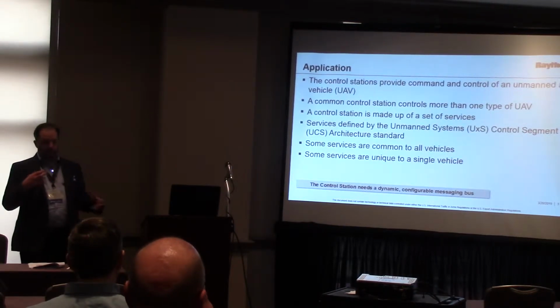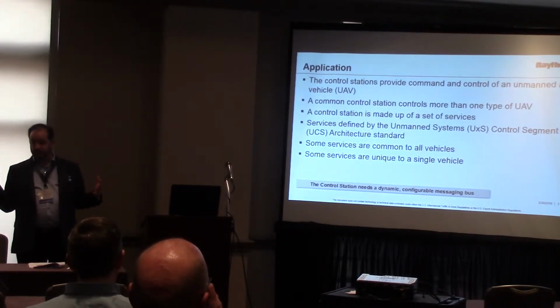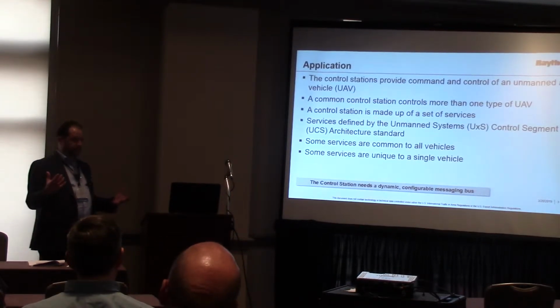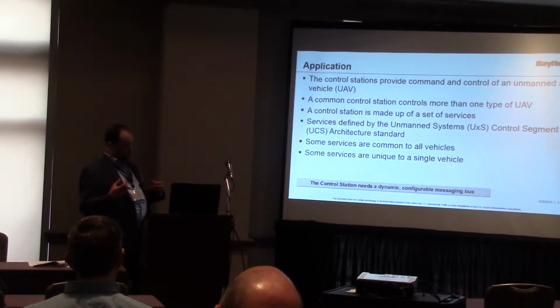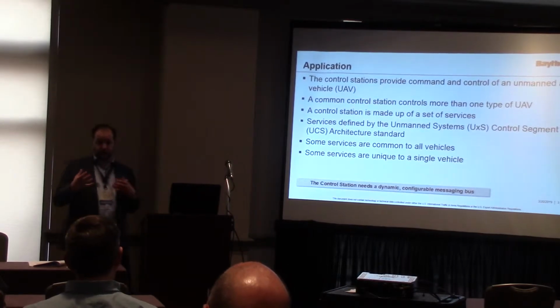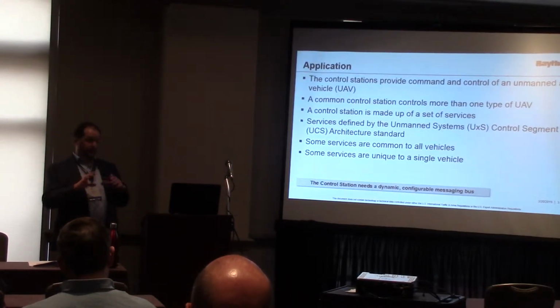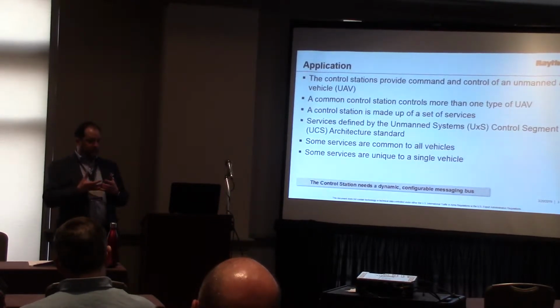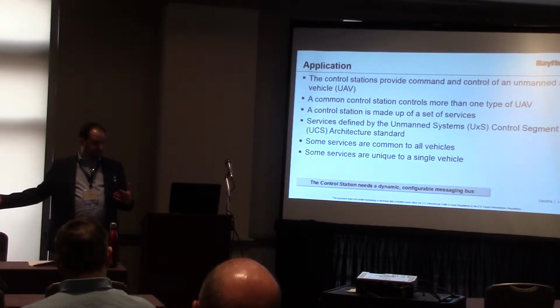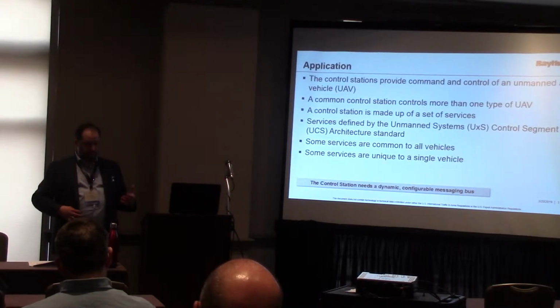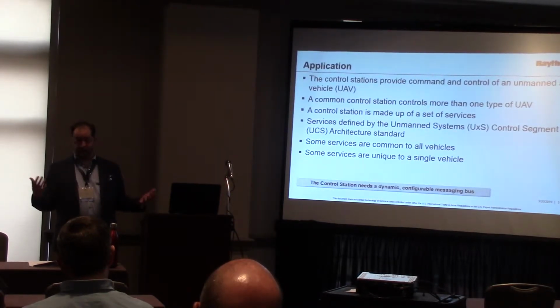The interesting part is, as I said, there are about 150 of these services within the control station. Some of those services are designed to be common. Some are designed to be unique. At some point, we have to leave our data model and figure out how to talk to the air vehicle, and all the air vehicles don't follow common standards for how you talk to them.